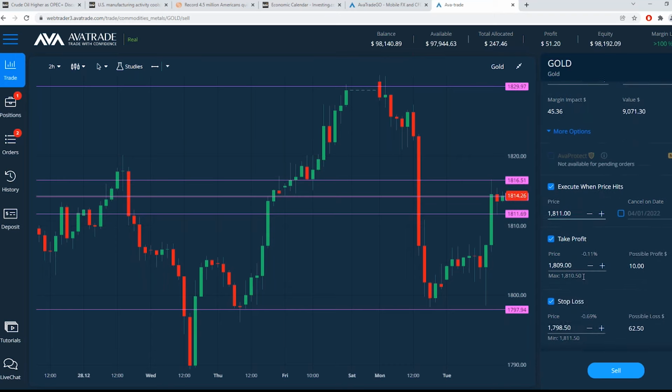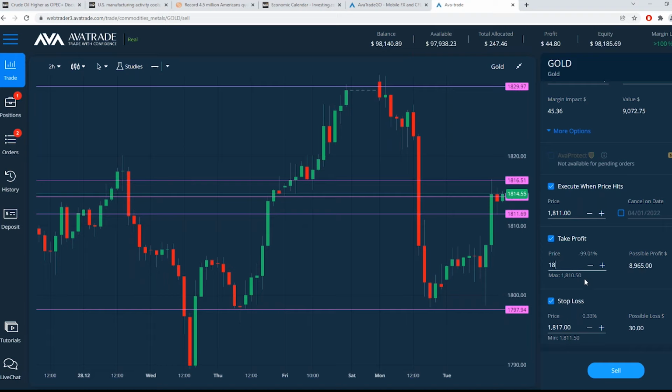Execute if it hits 1811. Stop loss is up here at 1817, above the resistance. Now that makes sense. Okay, so if it breaks the support and executes here at 1811, we're selling and taking profit down here.